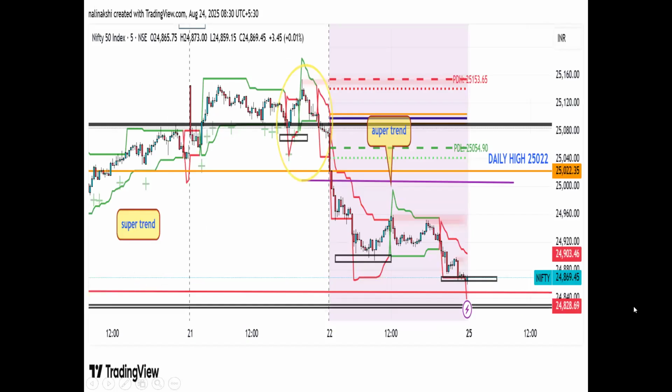In this example, I've used super trend alone and I've highlighted this with elliptical this one. See, the price is going sideways. The super trend is plotting red, green, crisscross.